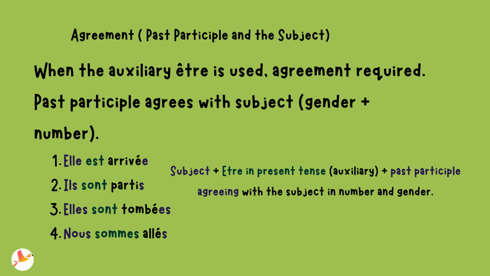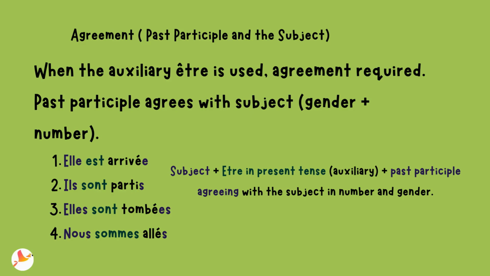When the auxiliary être is used, agreement is required, and the past participle agrees with the subject in number and in gender. That means we need to know if the subject is feminine, then the past participle will have an E added. If the subject is plural, the past participle will have an S added.